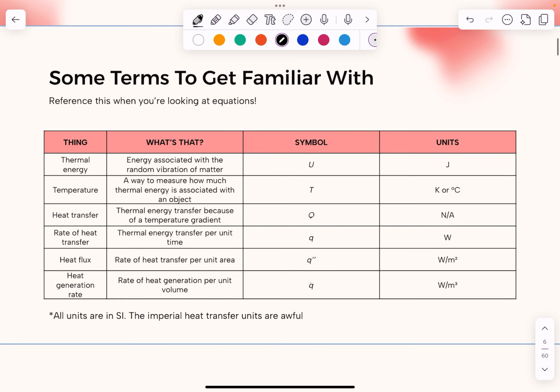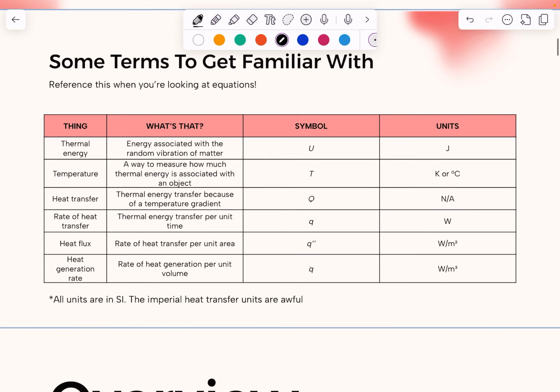Okay, so finally, I'm going to end each lecture hopefully with a table that has some of the terms that you have to be familiar with. So, in the grand scheme of heat transfer, these are some of the terms that I picked out that you should be familiar with. And that's thermal energy, which is what we talked about. That term usually gets a U. You can also see it as a small u.